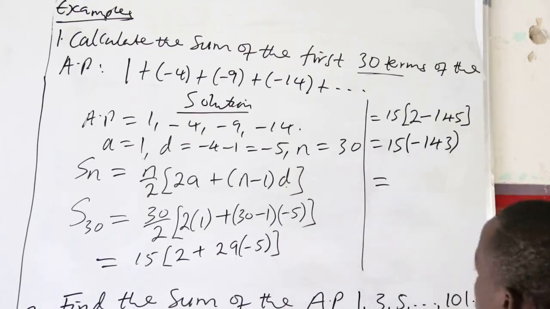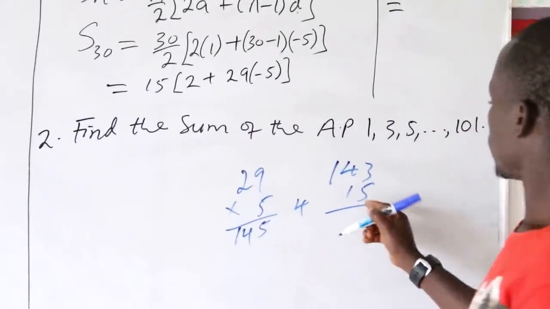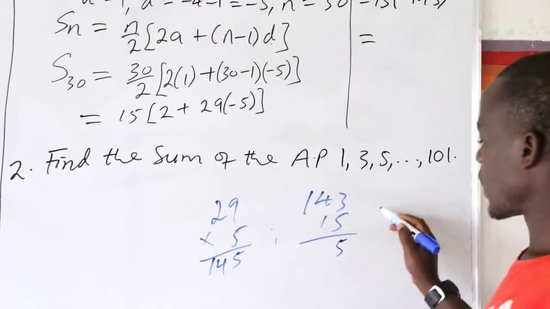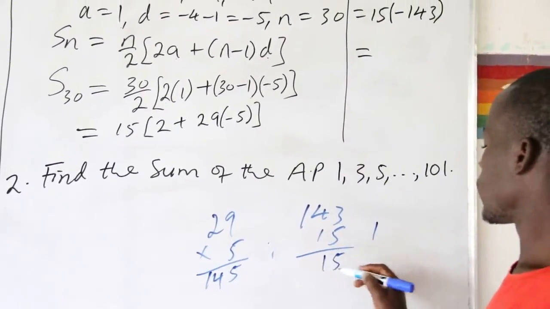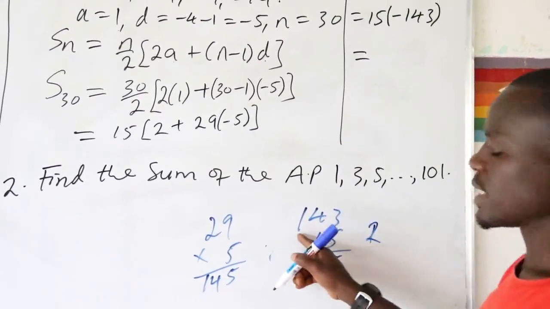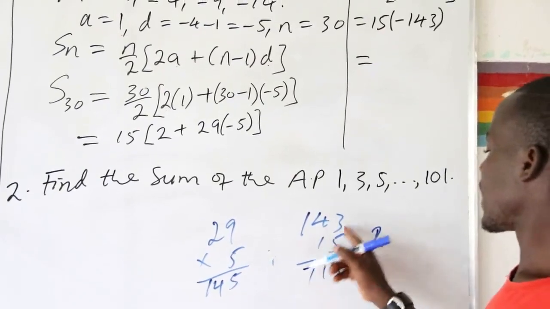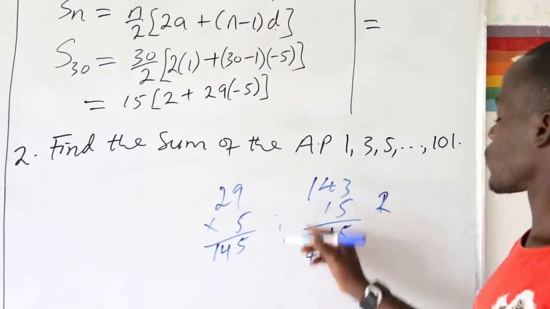So you multiply this by 15, that is 143 times 15. 5 times 3 is 15, write 5 carry 1; 5 times 4 is 20 plus 1 is 21, write 1 carry 2; 5 times 1 is 5, plus the 2 we carried, we have 7. Then 1 times 3 is 3, 1 times 4 is 4, 1 times 1 is 1.